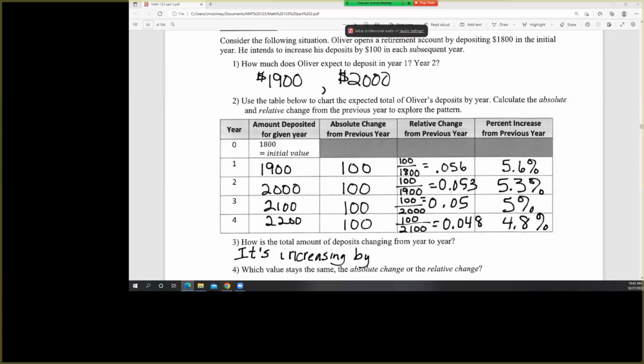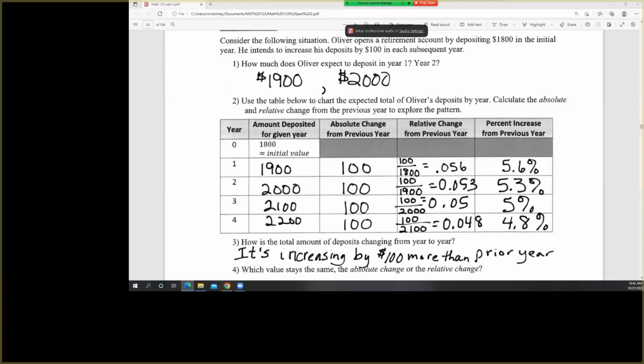It's always going to be increasing by $100 more than the year before.